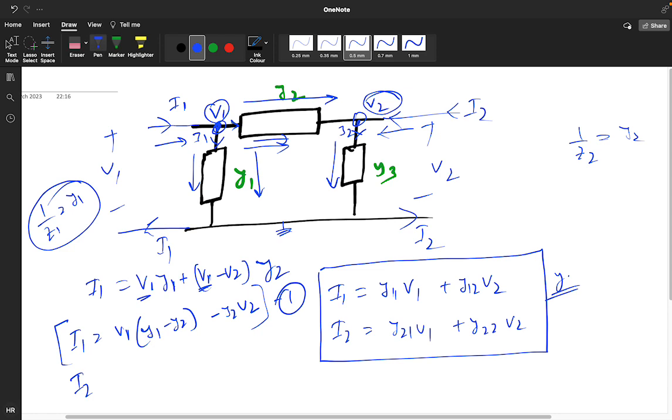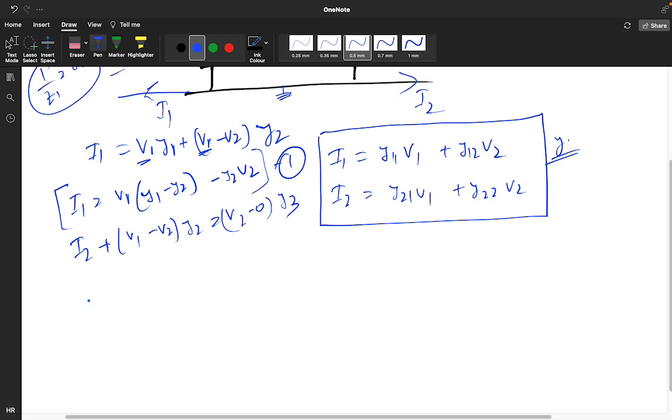So I2 plus (V1 minus V2) into Y2 is the incoming, and the outgoing current is V2 minus 0 into Y3, right? If you solve this, what will you get? Prasanna, what is the I2 equation? Just tell me.